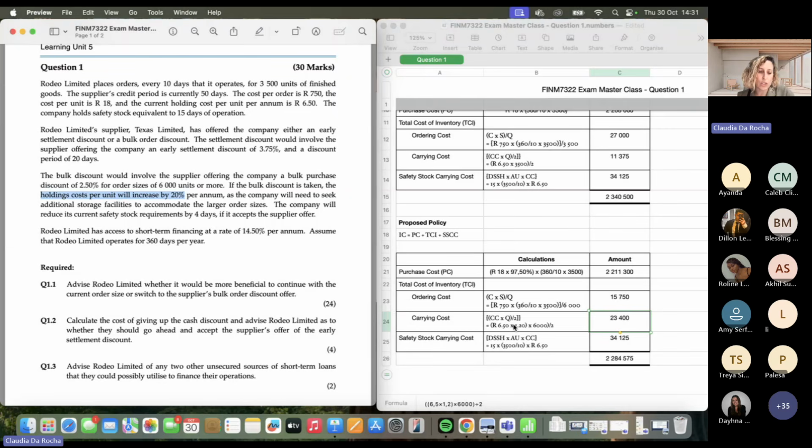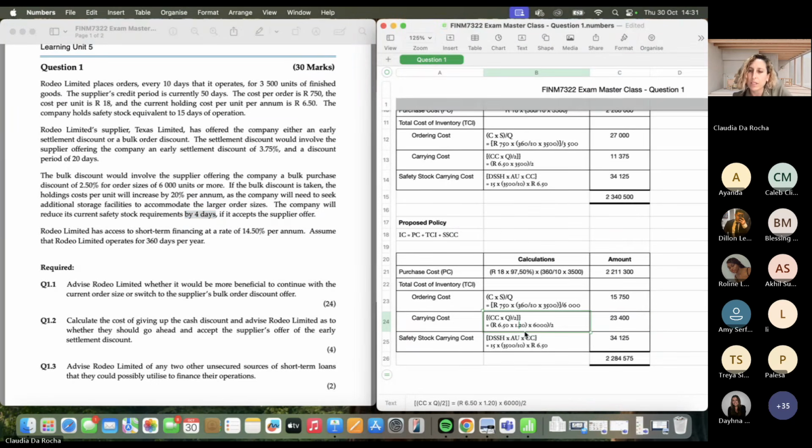Now we're going into our safety stock. They said the safety stock requirements will reduce by 4 days, so we say 15 minus 4. Our average usage still stays the same, but our carrying cost has to increase because that's what they told us.